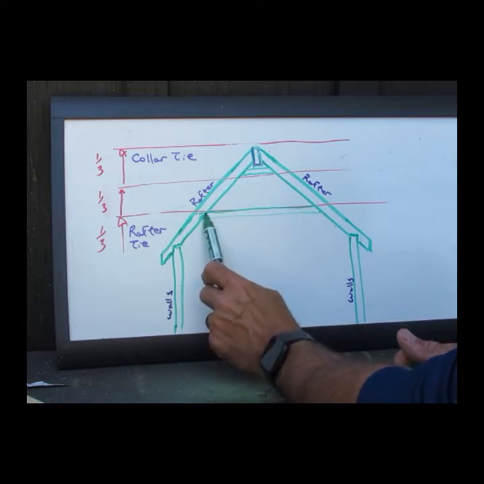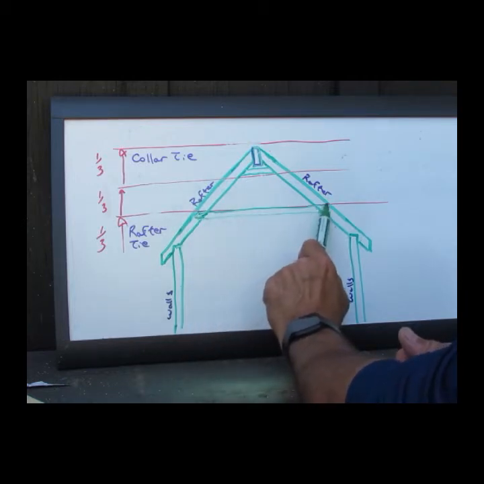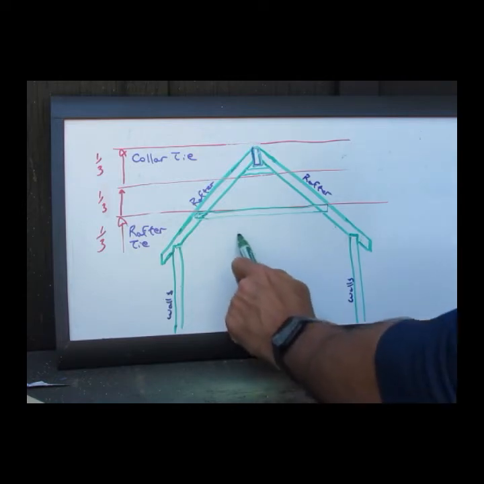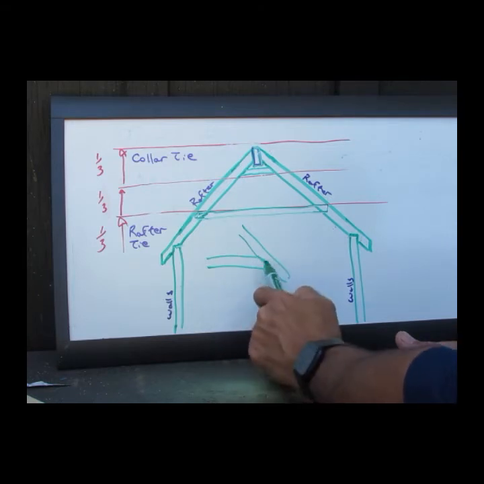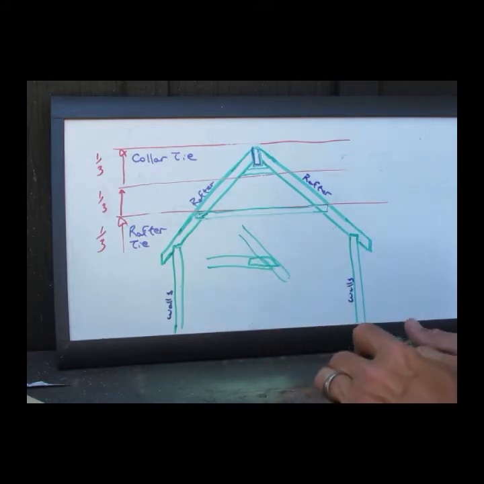In fact, it doesn't have to be a cut on an angle. I would actually prefer it if it overlapped and fastened with the proper nails right there. Now what you can do is you can have a rafter tie in and cut it on an angle so this is smooth, but then you would have to put a piece of material right here, plywood, or a metal bracket that's called a gusset.